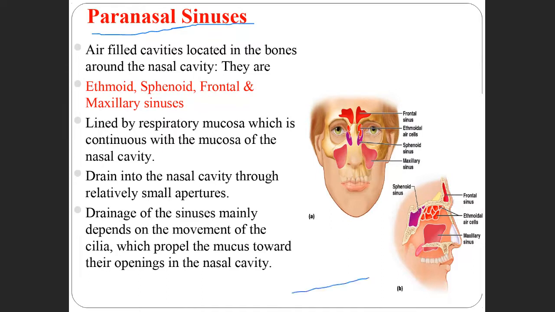In the respiratory epithelium, there are small finger-like projections. These help in the movement of particles and the removal of dust particles, which is the main function of the cilia. We'll discuss that in more detail whenever the time comes.